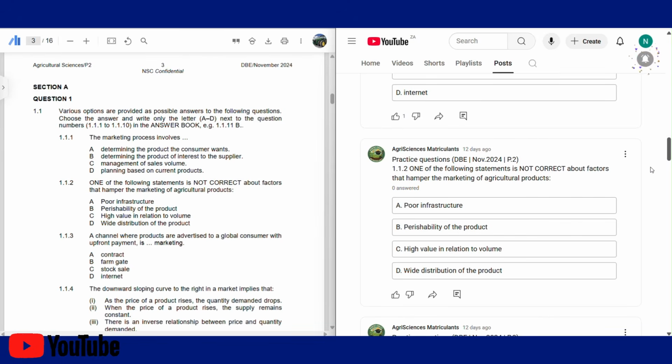I think D speaks about the long distances that this produce travels in trucks. For example, let's say a truck moves from ZZ2, whose farms are in Limpopo, to Gauteng or KZN.